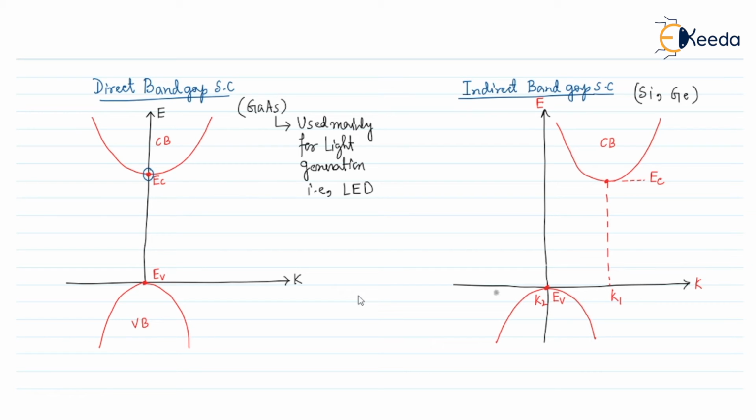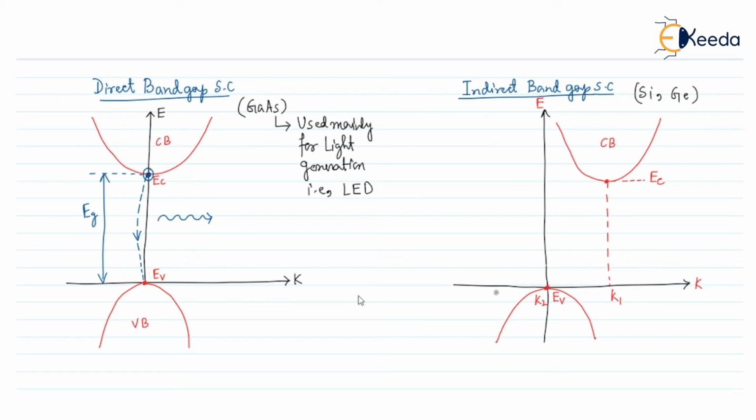Because if there is an electron at the EC level, when it jumps to the maxima of the valence band, then the total band gap energy Eg will be released by the electron.